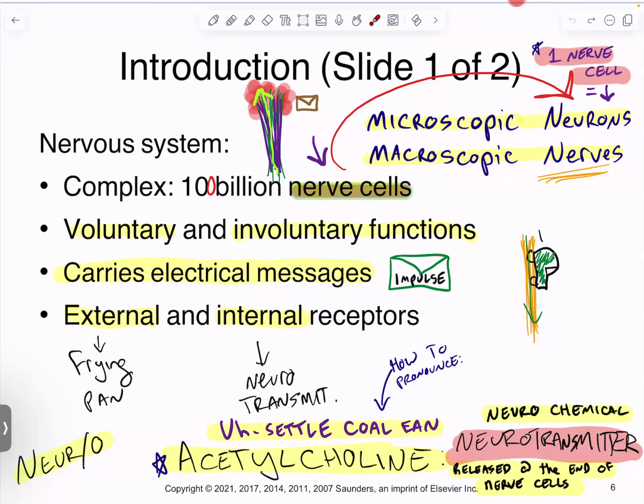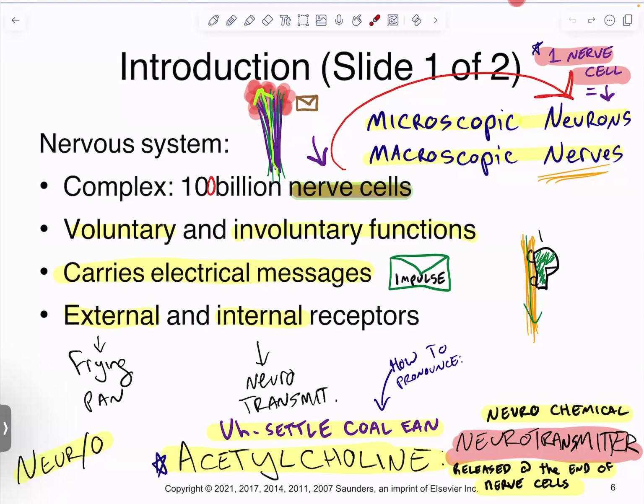All right. We have your voluntary and involuntary functions. They carry electrical messages. It's going to be the information being sent from the fingertip to the brain, and from the brain to the fingertip. Example, remember you touched that frying pan. That information on the tip of your finger has to be sent all the way to your spinal cord and brain to interpret the information.